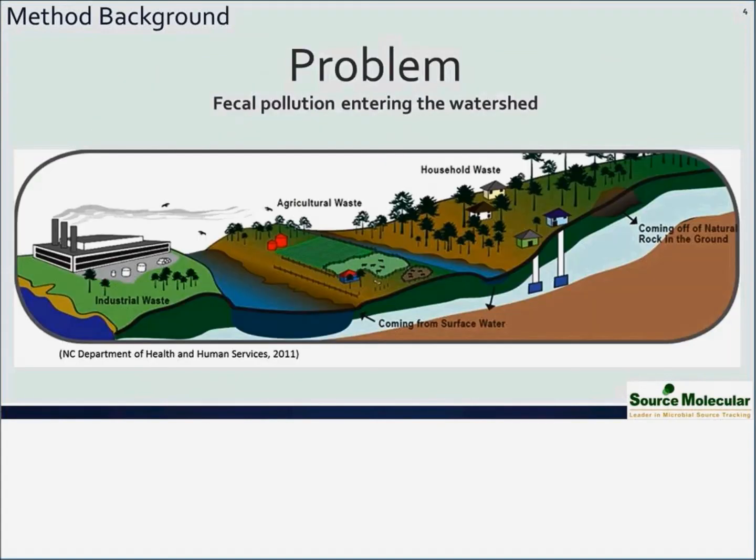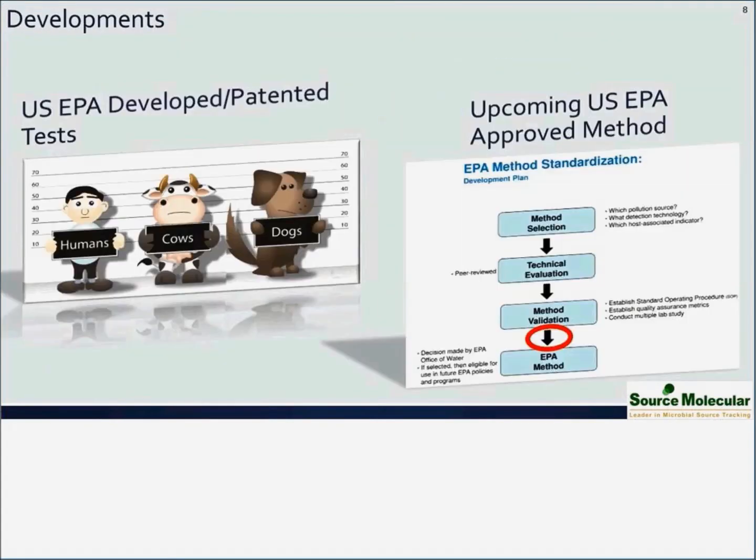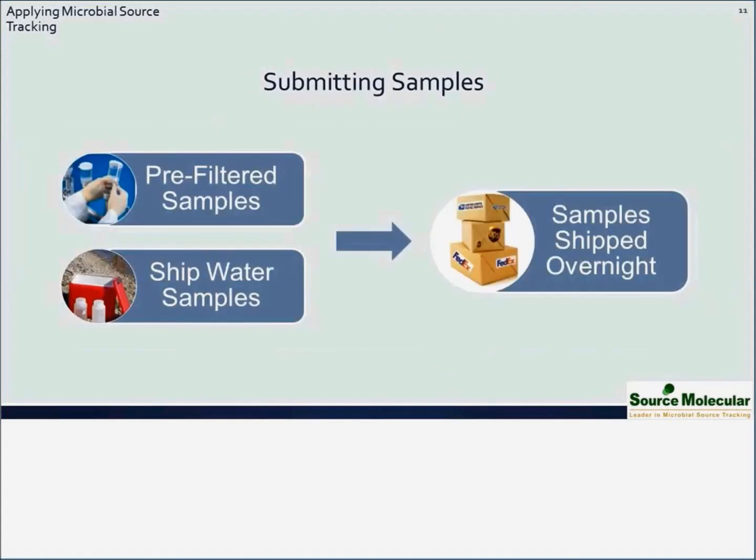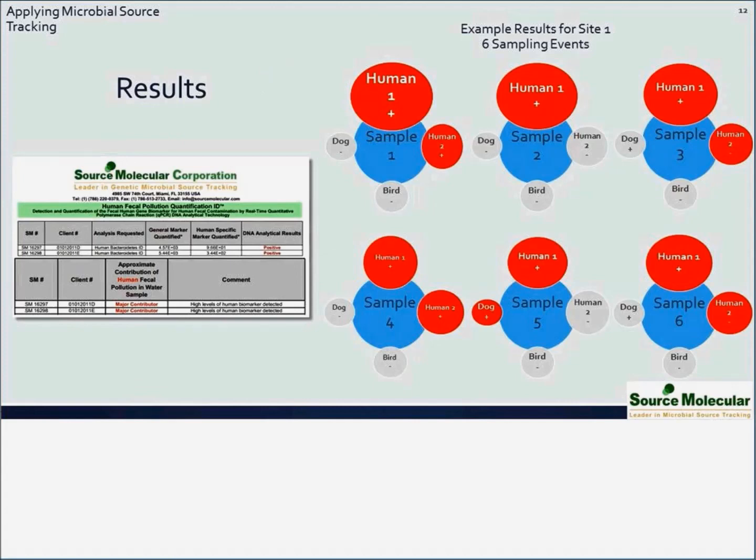There was no slide number in the question. It's just what is the general marker used, referenced on the slide showing the result report for human-specific marker. Oh, okay. Yeah, this one. That's the GenBac3. There's usually an EPA standard for general Bacteroides, and so we use that standard assay.